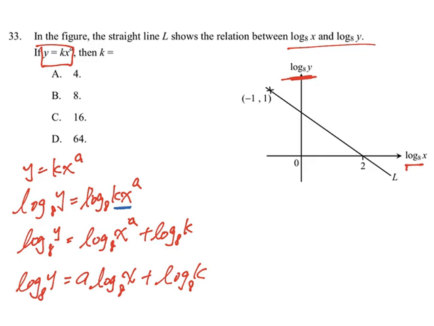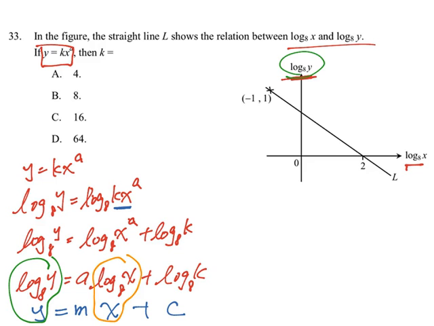So imagine it is y equal to mx plus c. This one is the y. This one is the x. So that means the slope is a, small letter a. Small letter a is the slope. And lastly, this one is the y-intercept, log k base x.